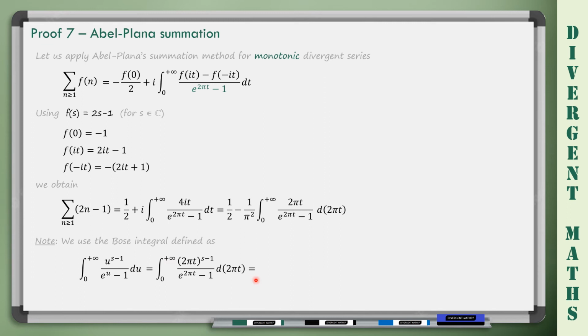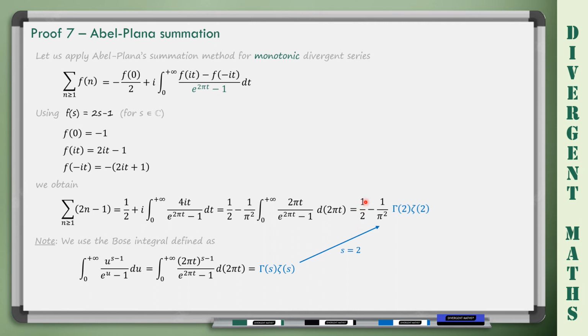So here, that's where we use that Bose integral. The result is that the integral is equal to gamma of s, the gamma function evaluated at s, times the Riemann zeta function evaluated at s. That gives us that integral. So we can use that result for s equal 2.